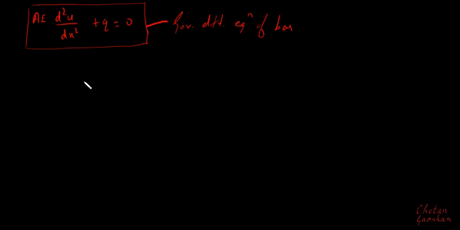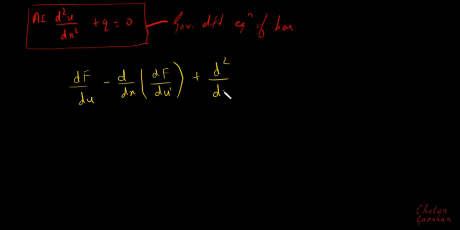Now we have seen that the Euler-Lagrange equation is given as df by du minus d by dx of df by du dash plus d square by dx square of df by du double dash equal to 0.